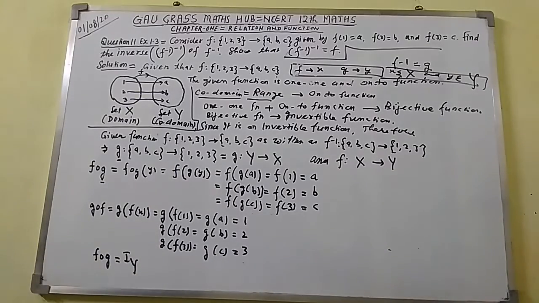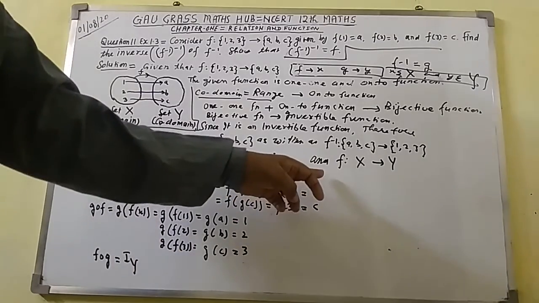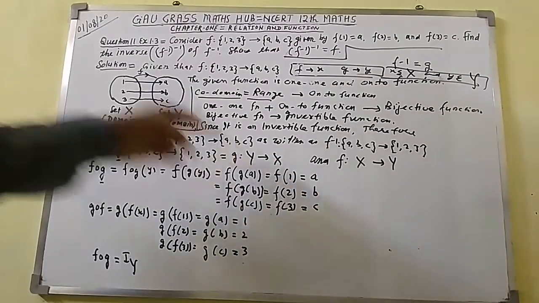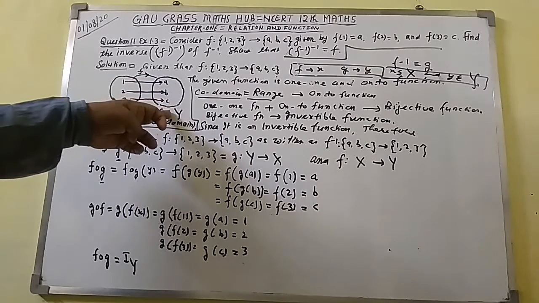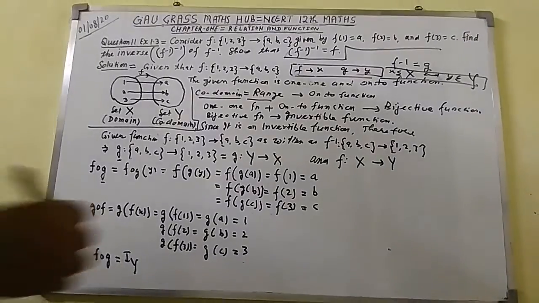F of G: here you have got A, B, C as the final value. So what is ABC? ABC is this one here. That's why I have written identity function on set Y.